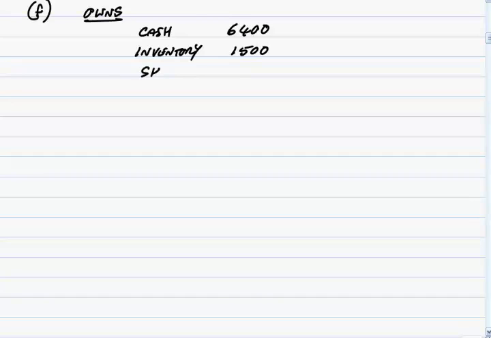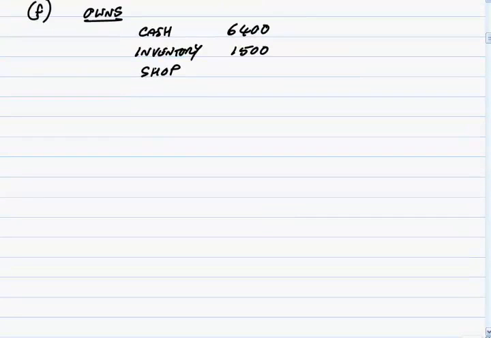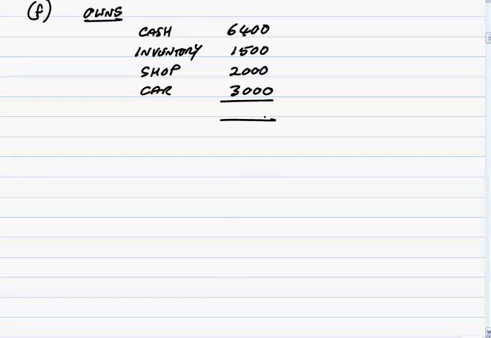We've still got the shop. I've forgotten how much the shop was. The shop was 2,000. And we've still got the car, which was 3,000. So again, one asset has increased, the cash. Another asset, the inventory, has fallen.